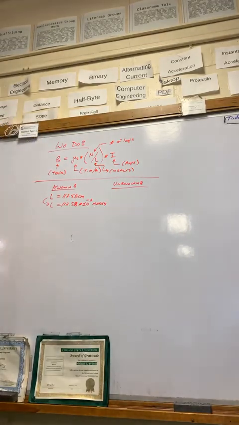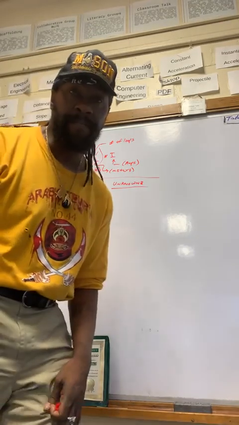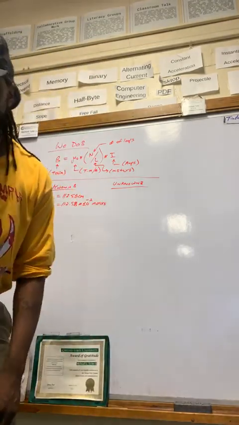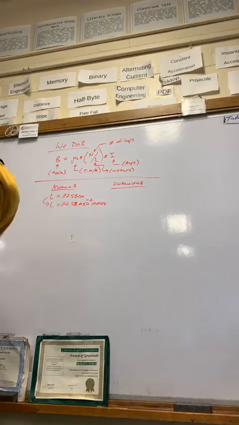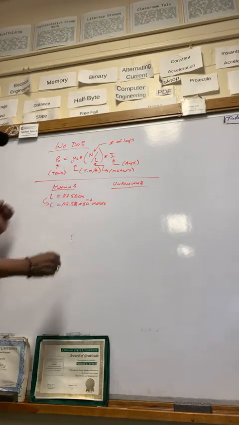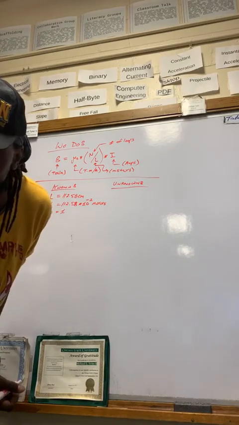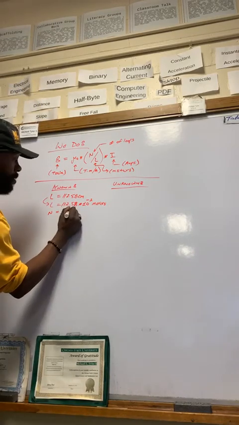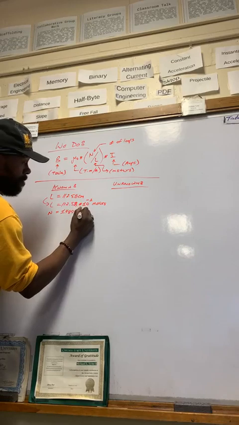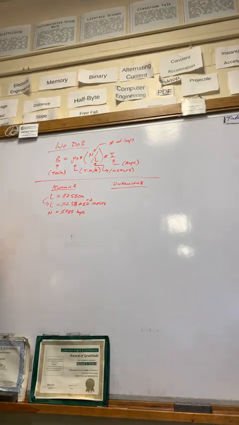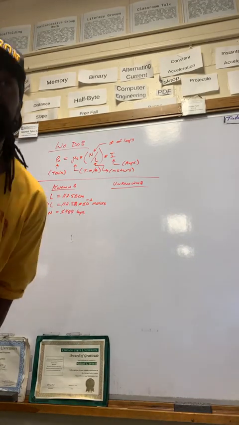What else we got? I'm moving at Sonic the Hedgehog speed if I can, y'all. So we got a number of loops. It says 1,489 loops. That's our N. So N is equal to 1,489 loops. And then what else do they give us? Well, they give us, guess what?